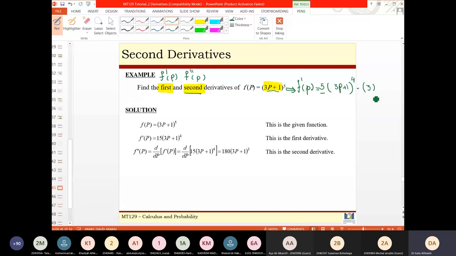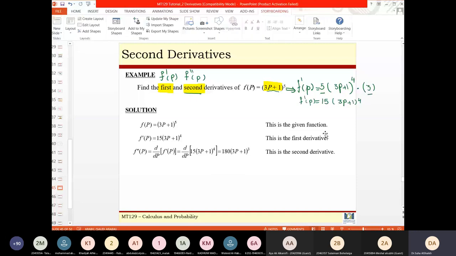We multiply them. This is 15 now with (3p plus 1) to a power 4. This will be my f dash of p, and this is the first derivative. I'm done finding the first derivative.